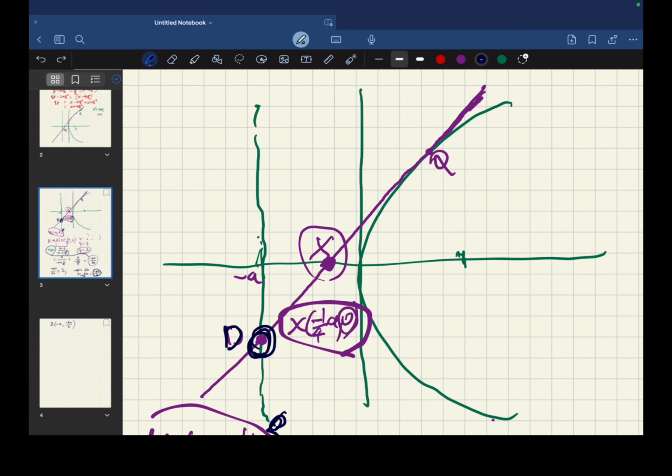Okay, the focus F must be here. That is a comma 0.